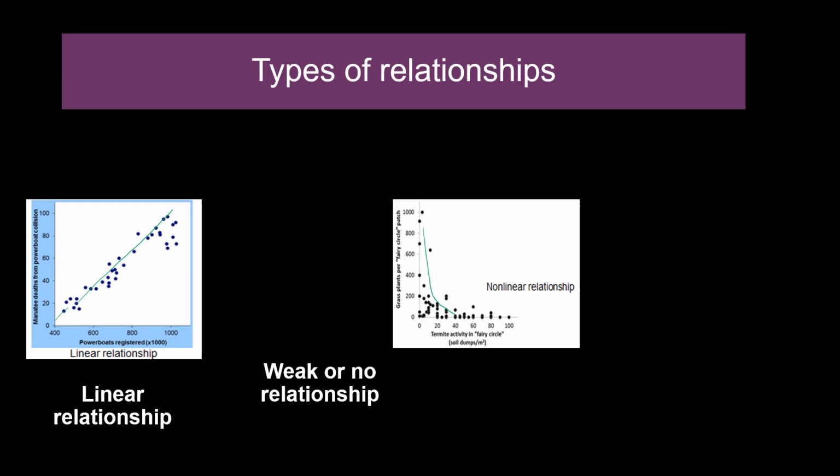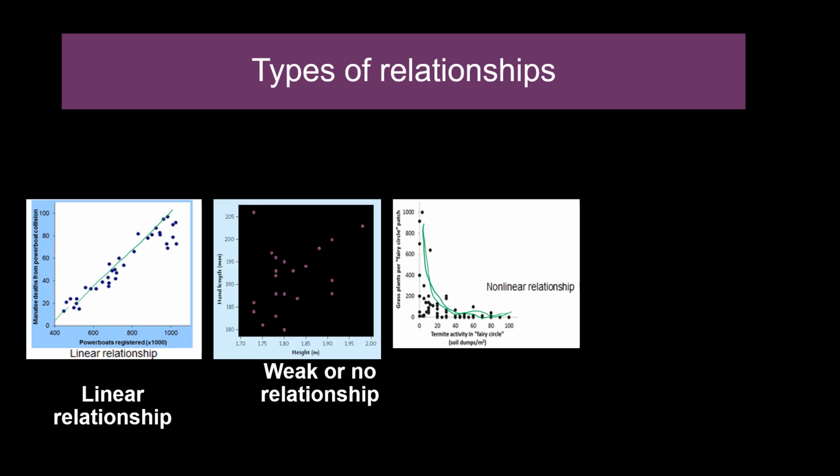Maybe I can imagine a curve. So there is a curvilinear path attached to this. So it does not have a linear relationship. In this case, the points are scattered all over, and I cannot find a linear relationship or a curvilinear relationship. So I can say there is no relationship, or it has a very weak relationship.